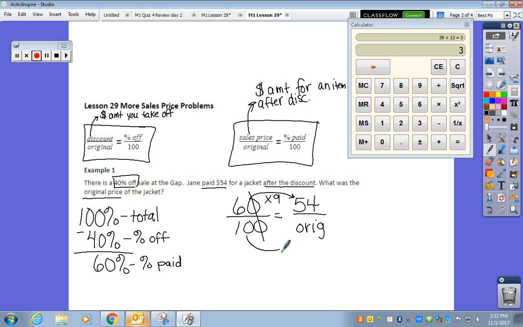So that means to get my original price, I'm going to multiply by 9. So 10, remember we crossed this 0 off, 10 times 9 tells us the original price of the item was $90. Okay, so a $90 jacket with 40% off tells us we're paying $54.